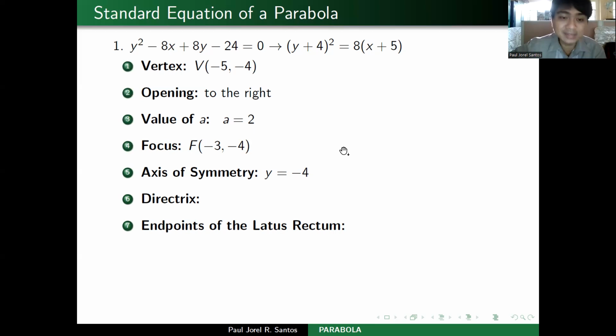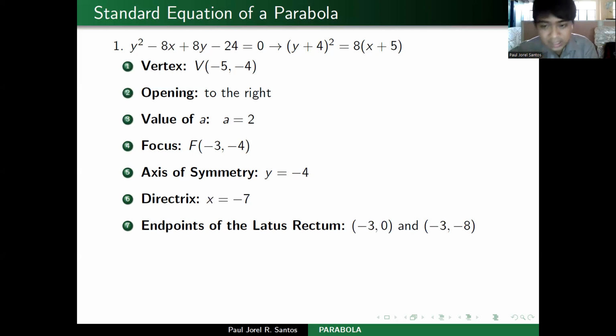It will give us negative 7. So the directrix is at x equals negative 7. And the endpoints of the latus rectum, okay, I just presented it. So that is negative 3, 0 and negative 3, negative 8.